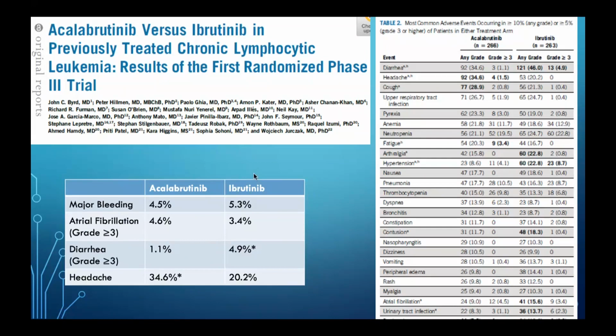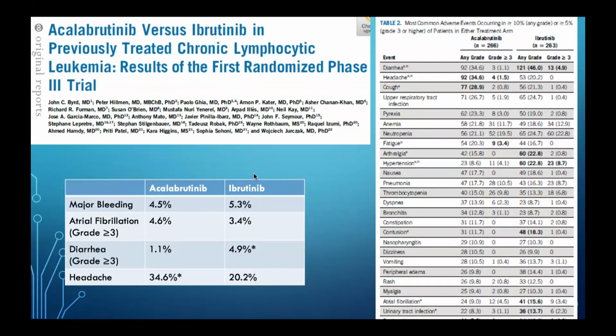I guess I might still prefer acalabrutinib in a patient who has risks of these things or who you're really concerned about, but with ibrutinib going to market soon as generic, I wouldn't be surprised if insurances start requiring people to try ibrutinib first, and I'm not sure I can say I can blame them for that. Though we did see the grade 3 diarrhea more common in ibrutinib, and I don't think that's surprising.